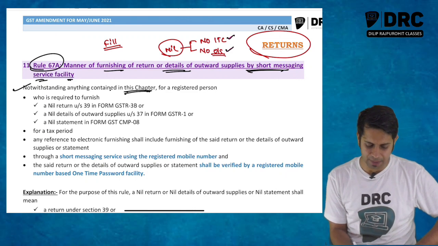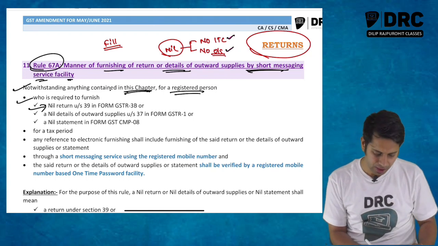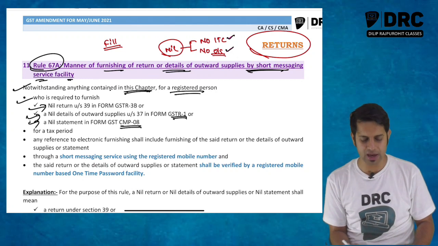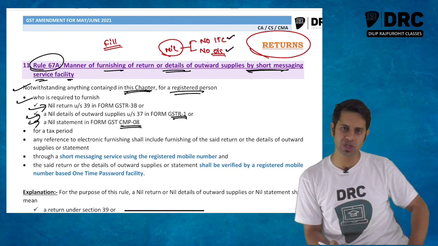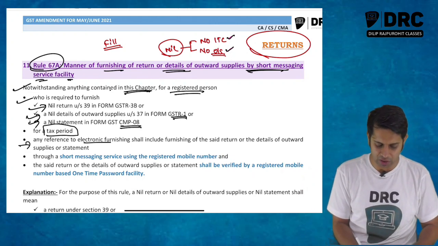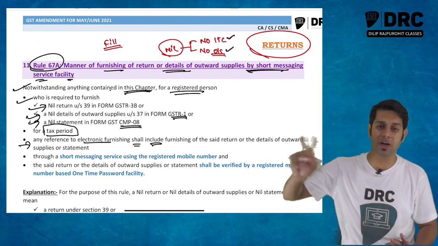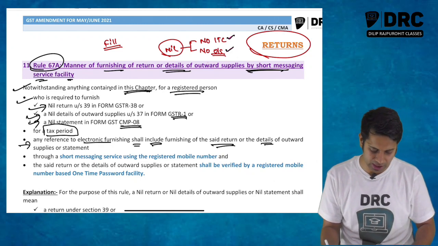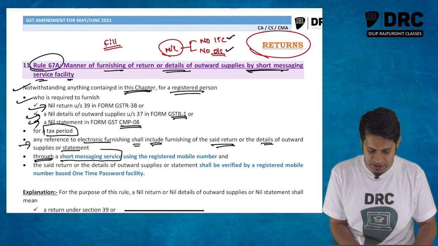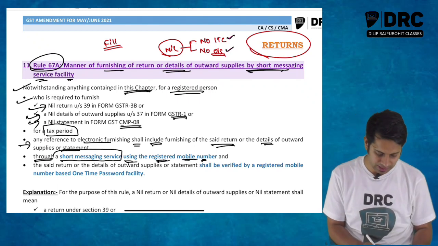Notwithstanding anything contained in this chapter, a registered person who is required to furnish a nil return under section 39, that is form GSTR 3B, or a nil GSTR 1, or a statement under GST CMP 08, that is a composition dealer's quarterly return, for a particular tax period, any reference to electronic furnishing shall include the said returns or statements submitted through short message service, SMS, using the registered mobile number. Normally the provision says you are required to do it electronically. Which mobile number? The registered mobile number you should send the SMS from.